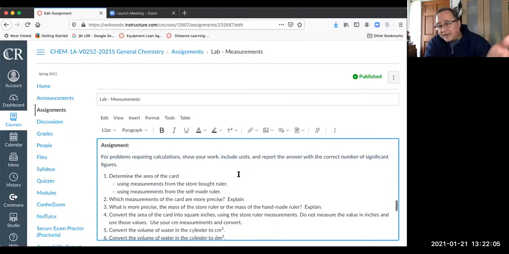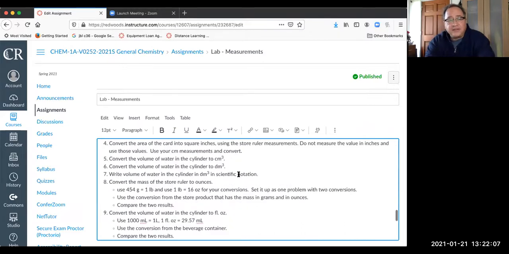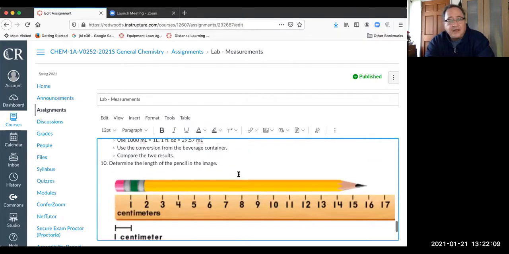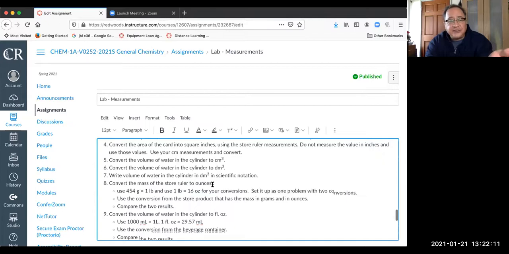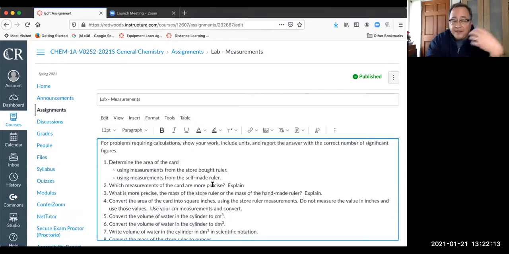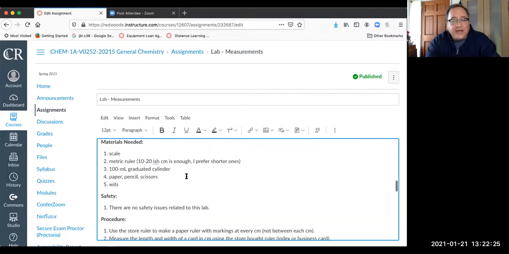So these are the calculations that you're going to be doing for this lab. Since you're going to be doing them in the lab write-up, for number 1 you can say, refer to the calculations in the lab write-up, and that would be perfectly fine. You'll understand more about what I'm saying in just a moment.